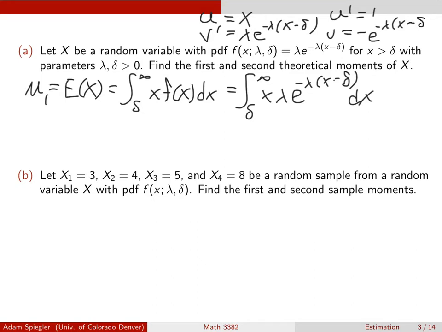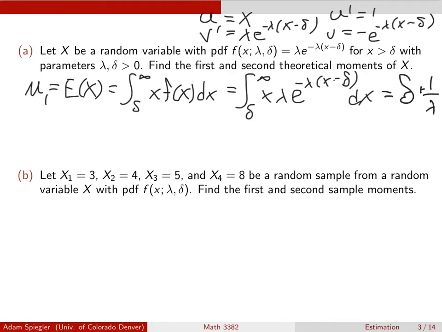And now the resulting integral of u prime v, I would be able to integrate. So skipping some of the details, using integration by parts, we would get that the first moment is delta plus 1 over lambda.